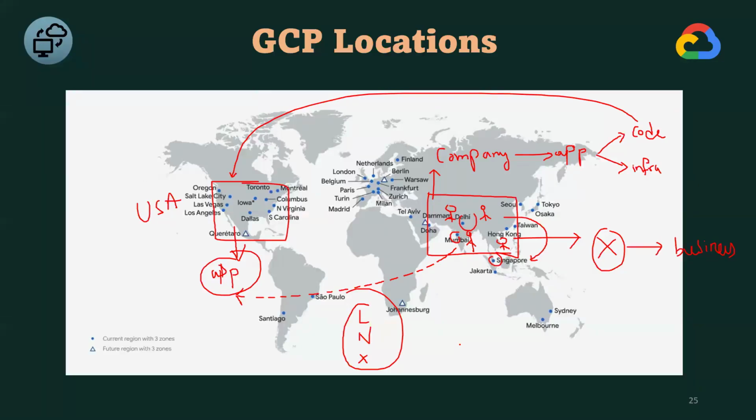Whenever we want to create or deploy any resource in GCP, try to create the resources near to your target users or customers. Select a region or zone near to your target users for application deployment or creating the resources.